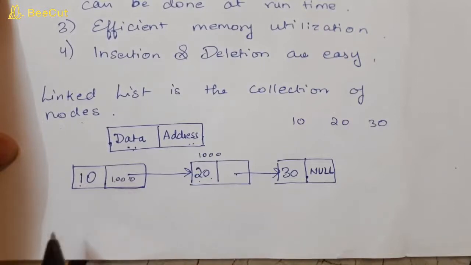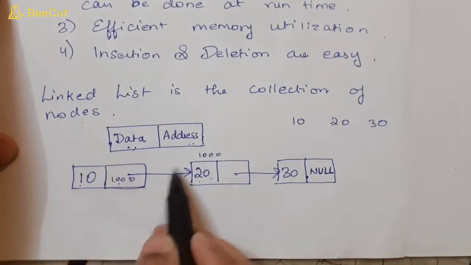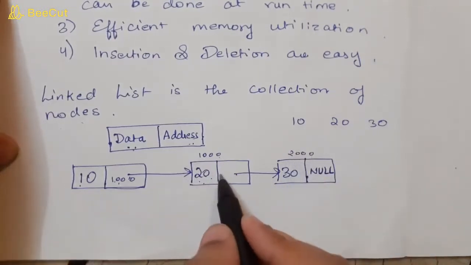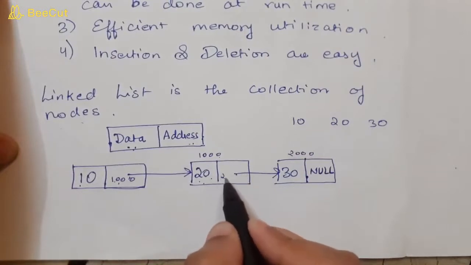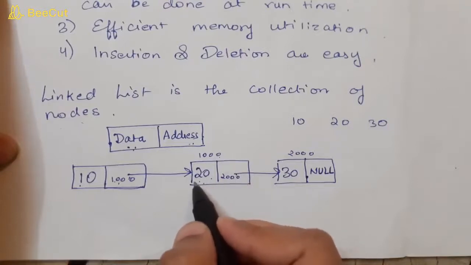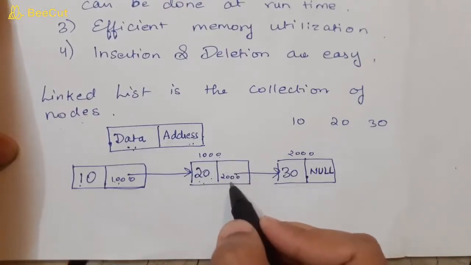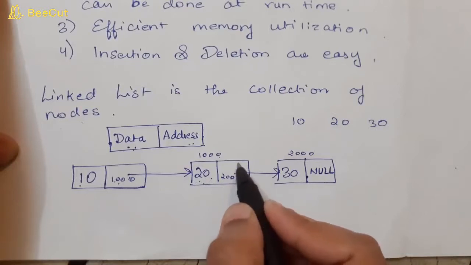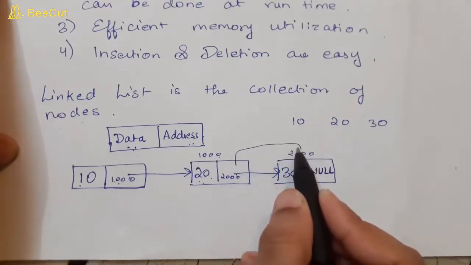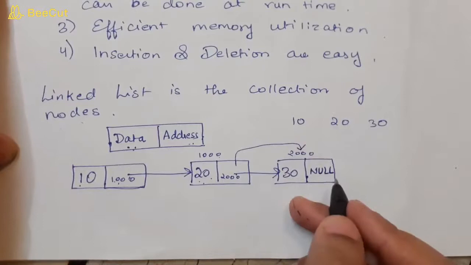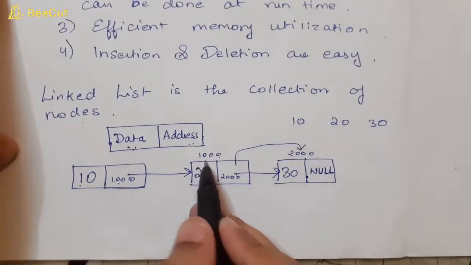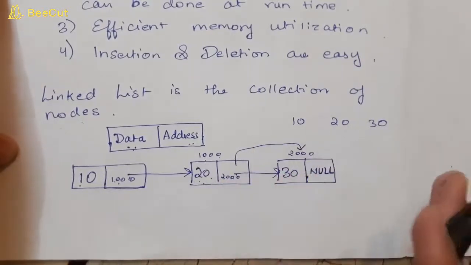It is a pointer to memory location 1000, and at 1000 you have 20. Suppose the next element is at 2000, so the node containing 20 will have 2000 as its address. This field will be a pointer to memory location 2000 where 30 will be stored. So it will be like this. I've shown that this will be at 1000 and this will be at 2000. This is just an example.